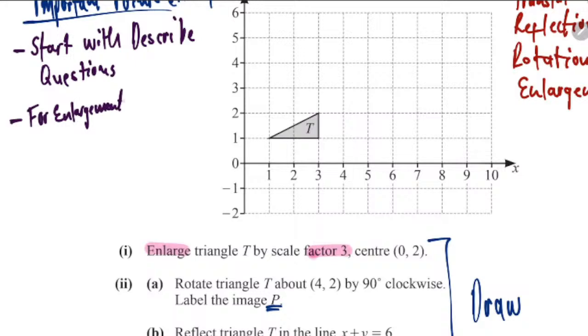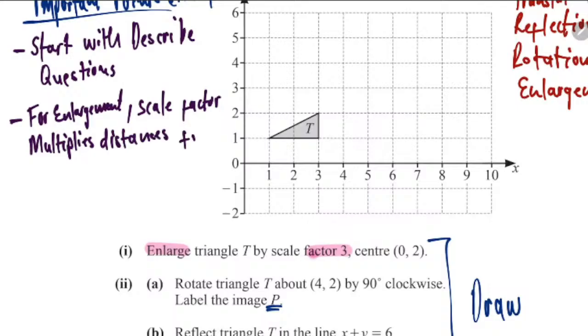For enlargement, the scale factor multiplies the distances from the center.